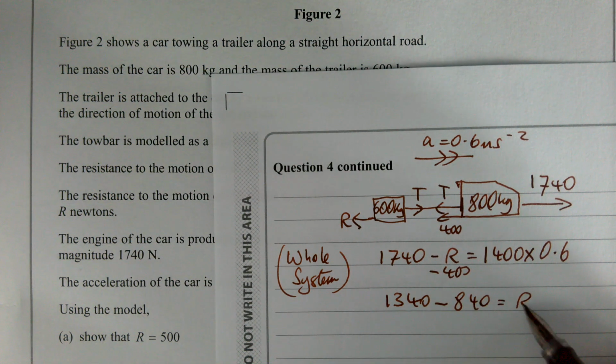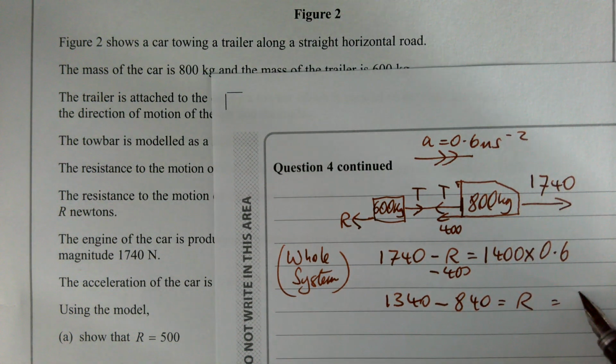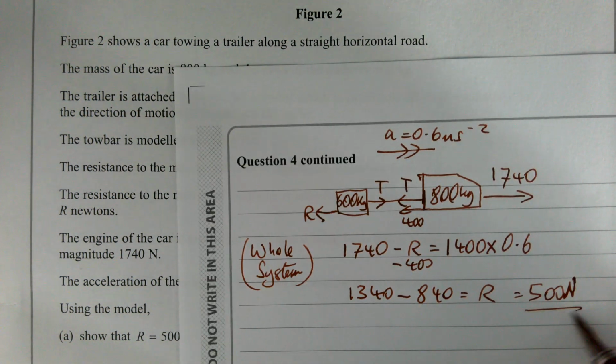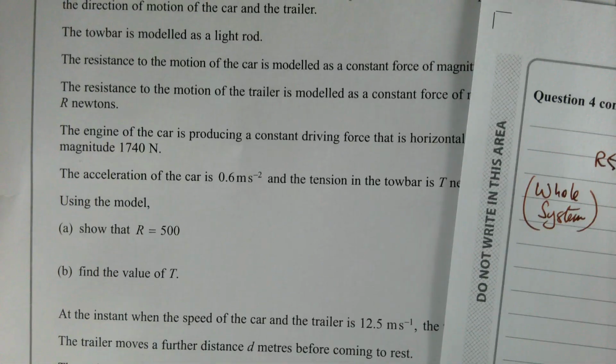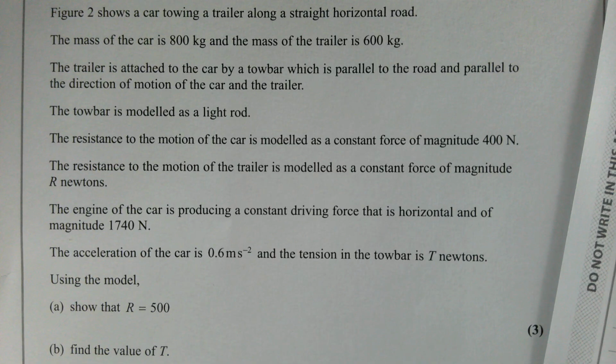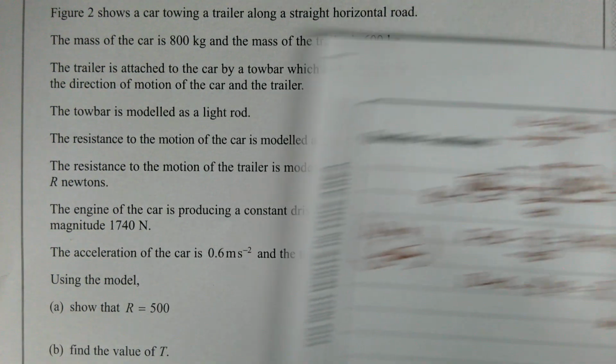And that's going to be equal to R, which is 500 newtons as required. Then it says find the value of T when the tension in the tow bar is T newtons.